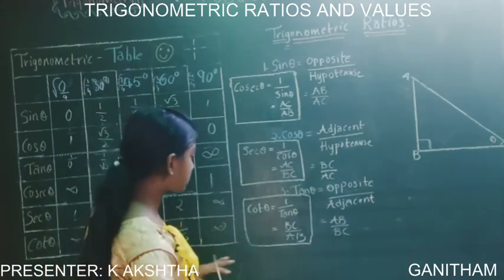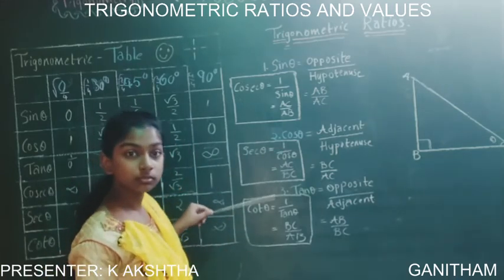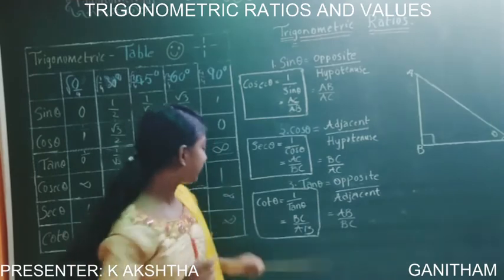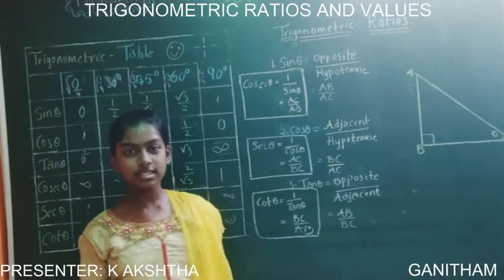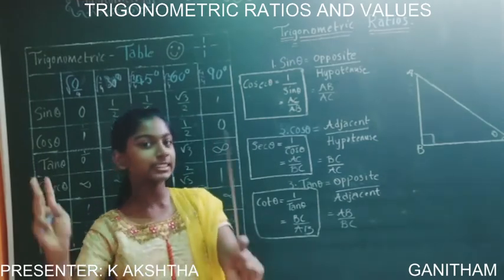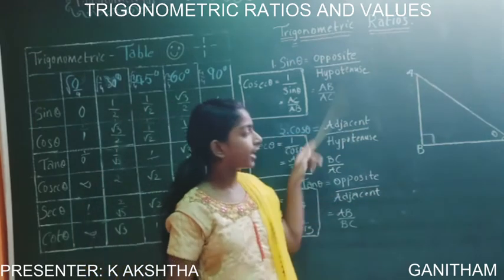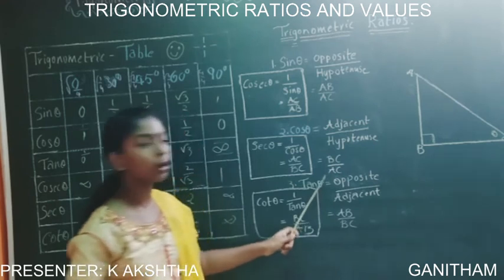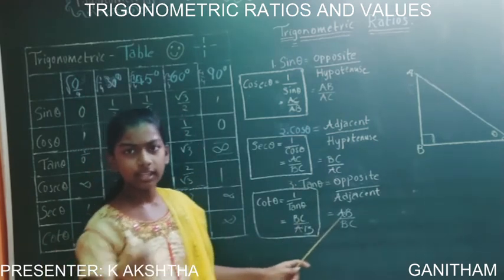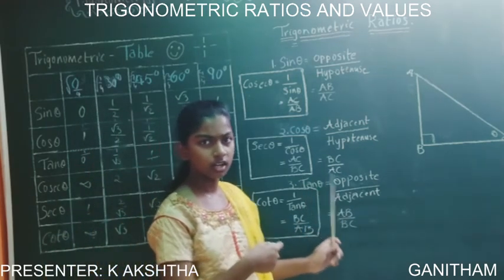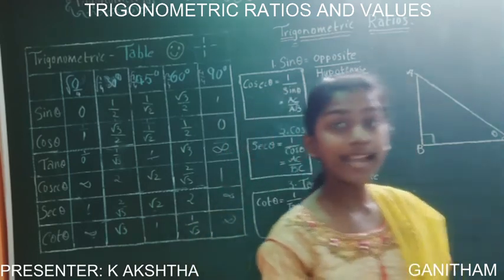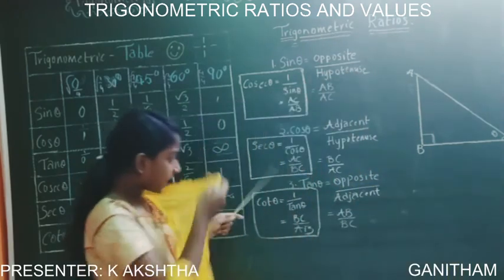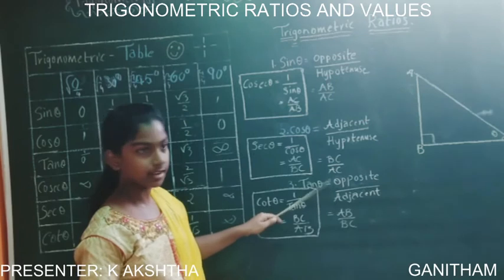And at last we have tan theta. What is this tan theta? In the right angle triangle, with respect to theta, the value of tan theta is opposite side by adjacent side. Is it visible to you? Yes, this is opposite by adjacent side.